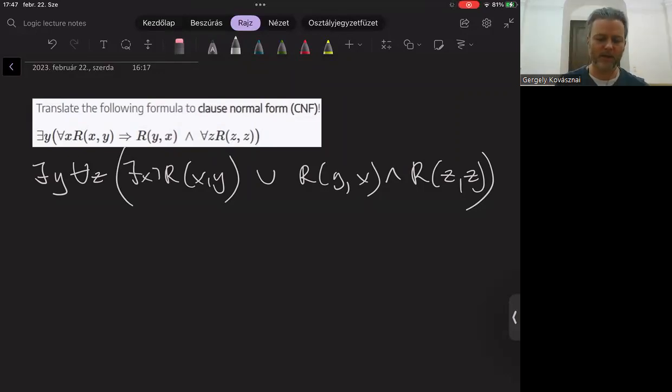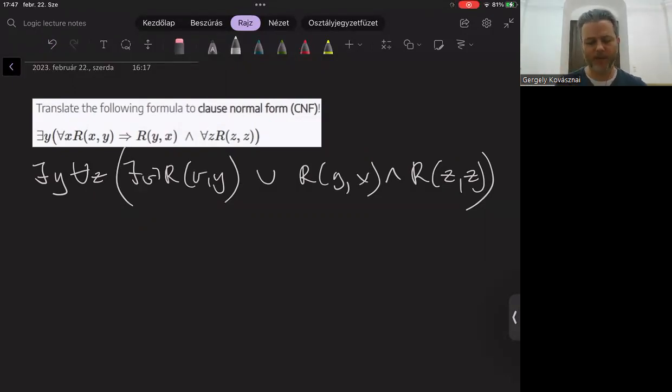Now we could lift the quantifier, but there is a problem because variable x has a free occurrence in the rest of the formula. So we definitely need first to rename the bound variable. So let me rename this bound variable to v.